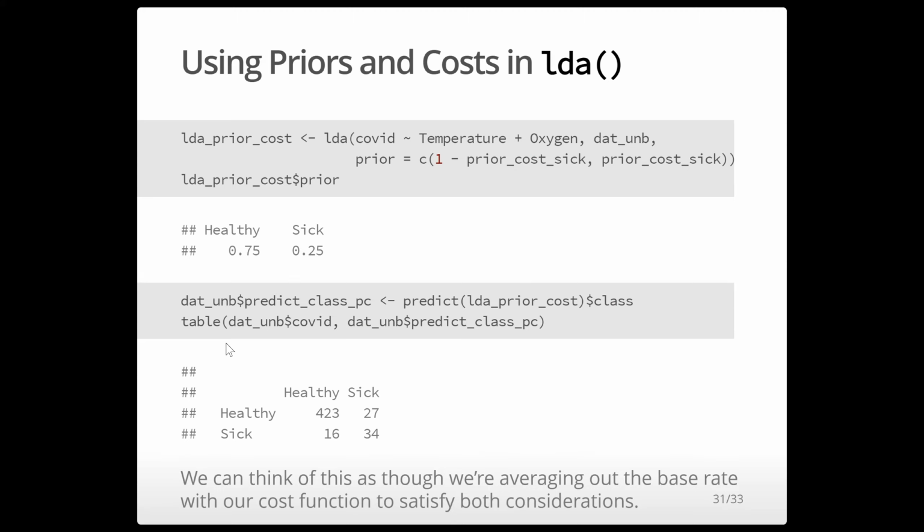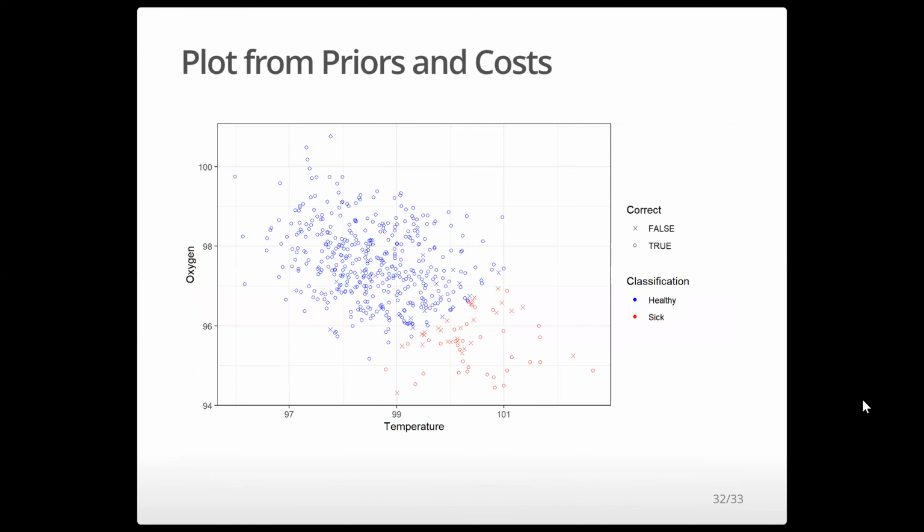So this satisfies both conditions, the base rate and the cost function. And so there is the plot. This is the plot that combines both the base rate as the prior and the cost at the same time.